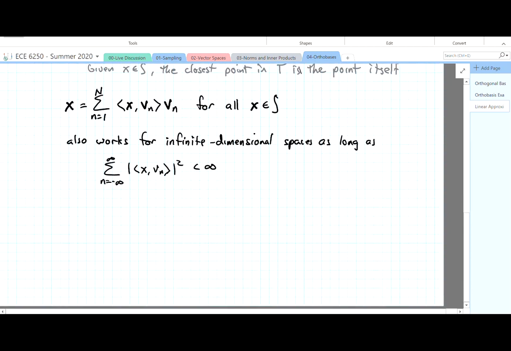In which case, if that's true, then we can write that x is equal to the sum from minus infinity to infinity of the projection of x onto vn, times vn, for an orthobasis.